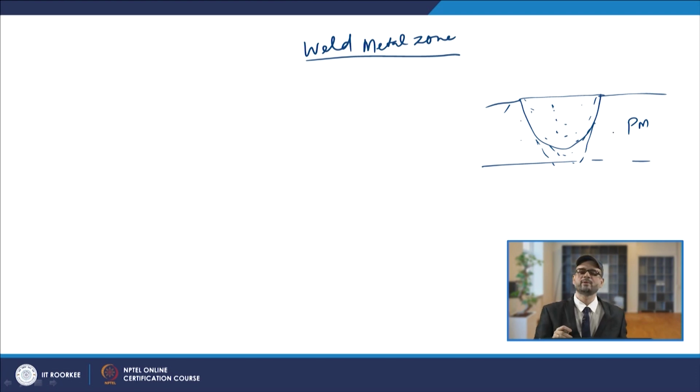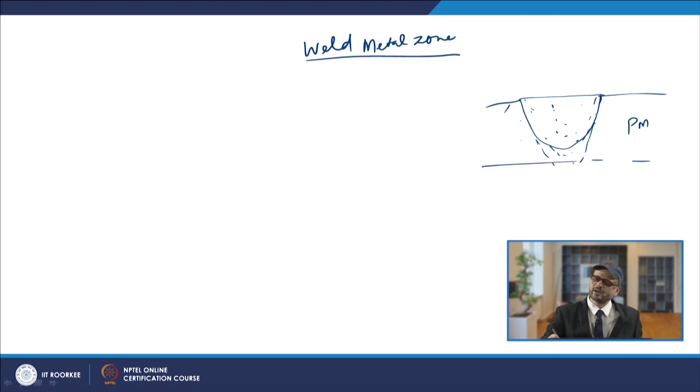So, large undercooling will be experienced by the metal inside this weld pool, and because of that large undercooling, nucleation will start, and it will certainly start at the point where the undercooling will be maximum.